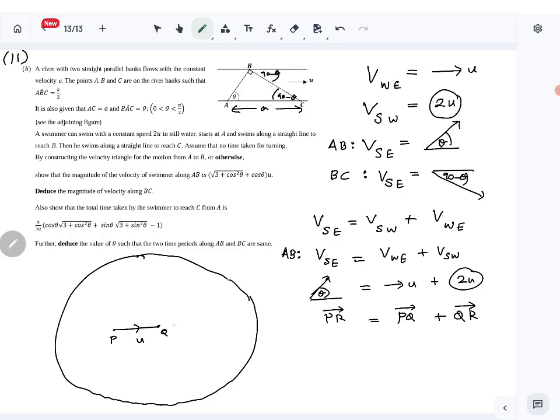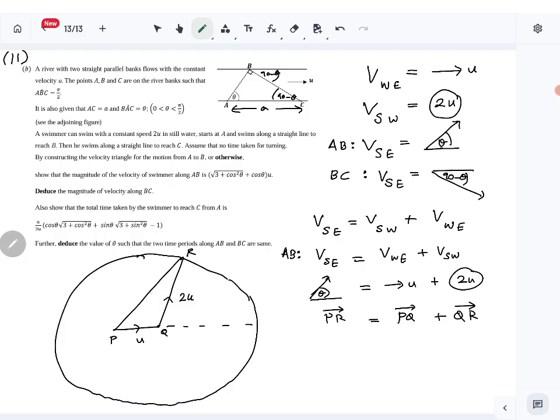So this length is 2u. Then PR has to be at theta angle to the horizontal, and that is the direction of the resultant.